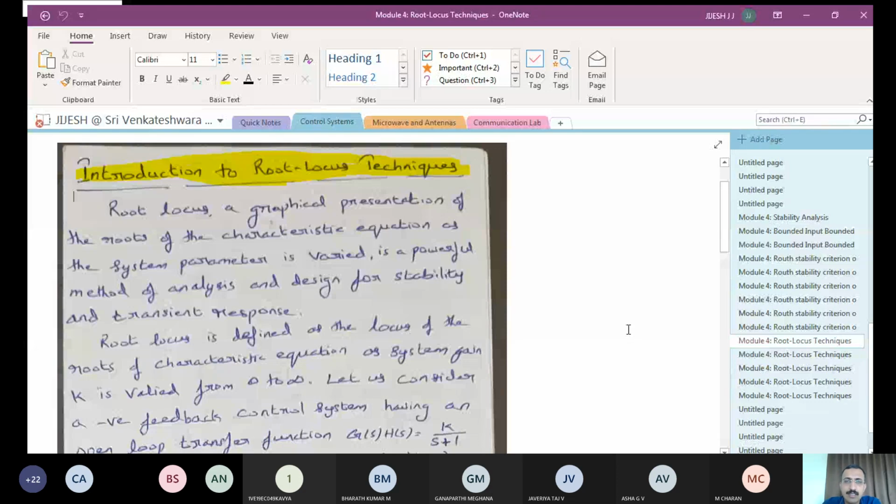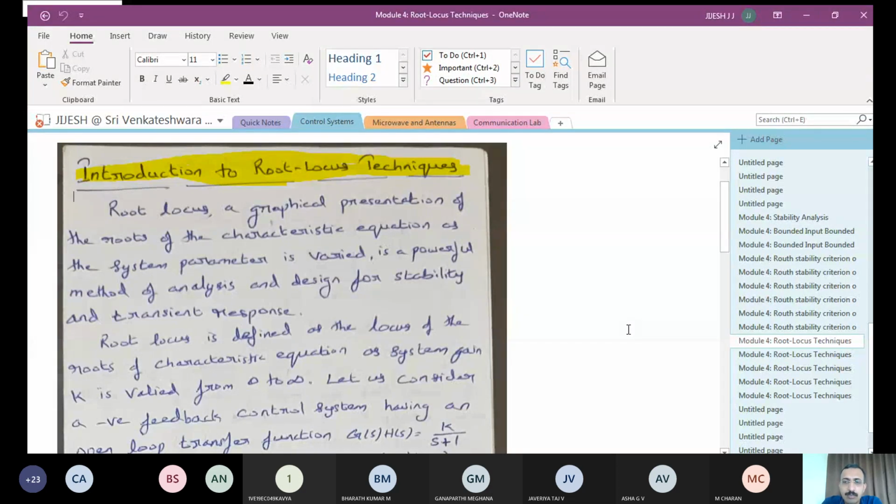So in the previous classes, we have been discussing the root stability criteria. We are in module 4, and we are discussing the fourth course outcome, CO4, which mainly deals with understanding the stability of the entire system.